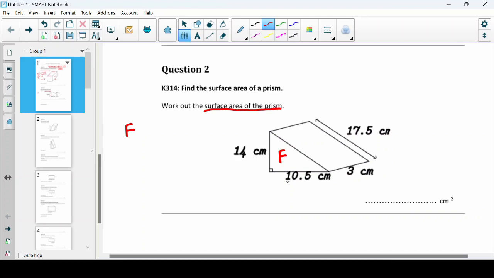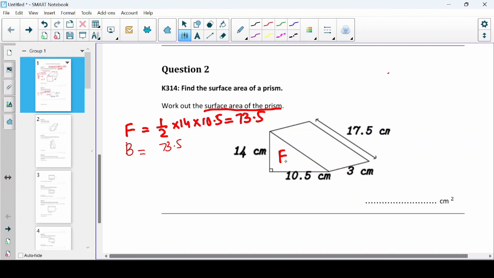So the surface area of the front will be 1 over 2 times 14 times 10.5, and this gives us 73.5. There is one more side opposite to this one, so the back side is again the same, 73.5.